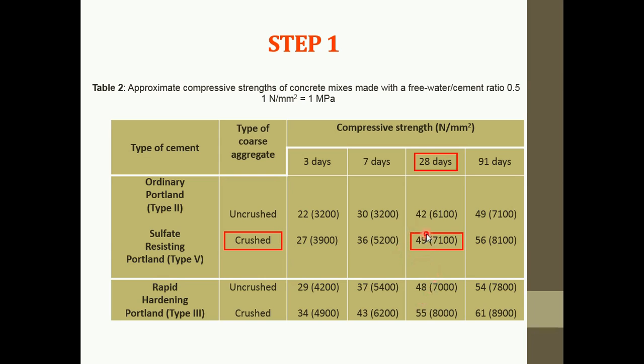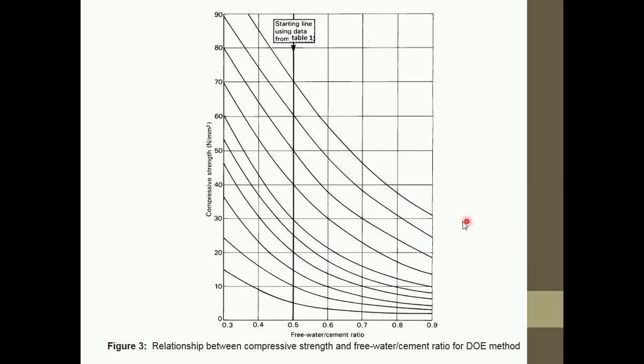Next we refer to figure number 3, which is the relationship between compressive strength and free water cement ratio for the DOE method. Here is the starting line using the data. From the previous table, the compressive strength is 49.